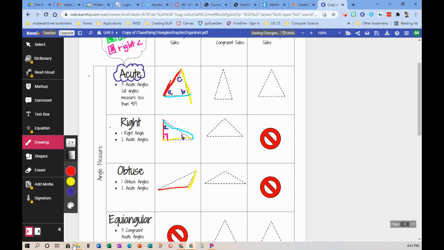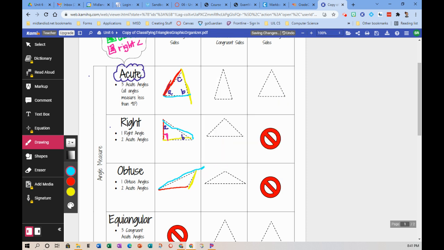And then we have our turquoise side. Oops, a little long there, but that's okay. It's not going to let me erase.